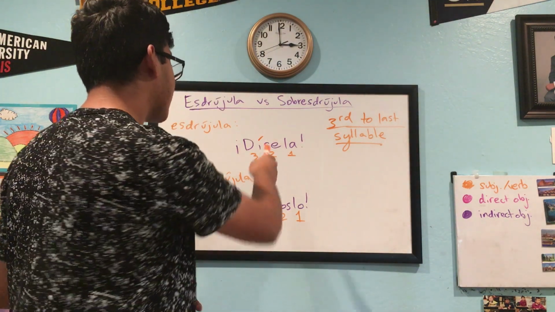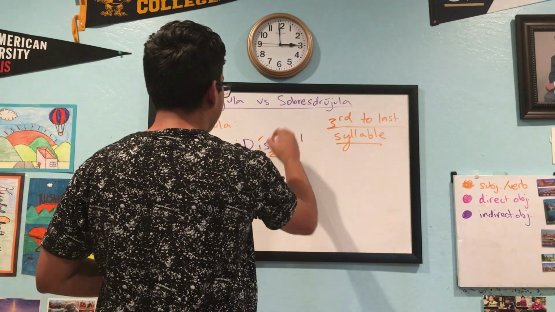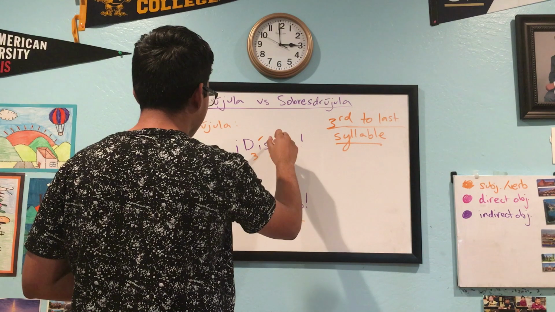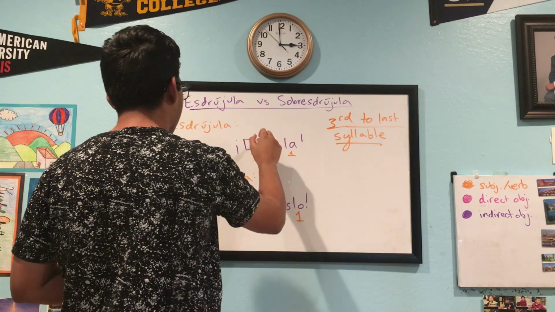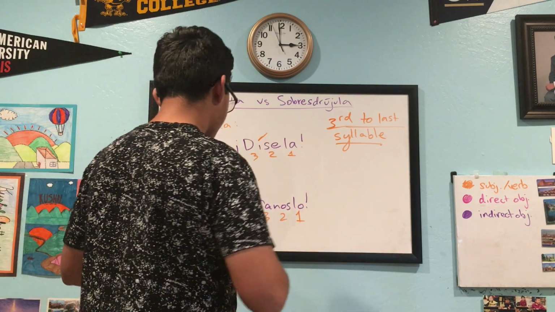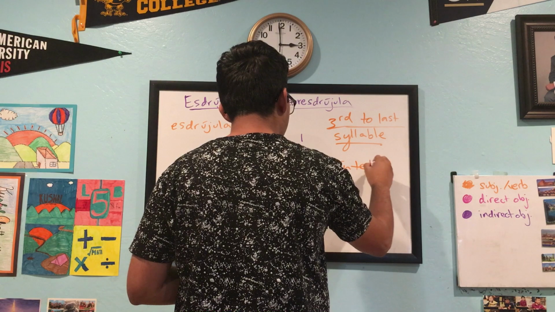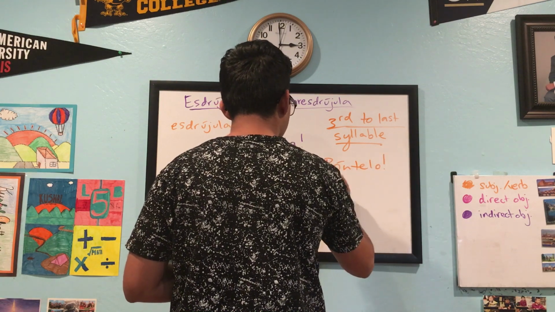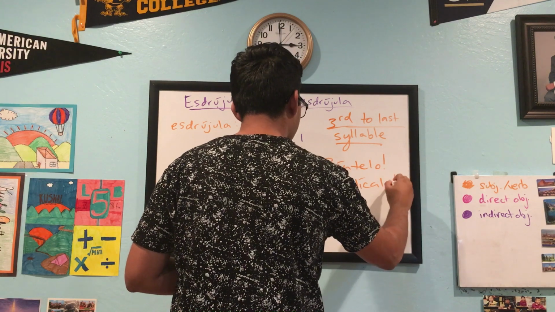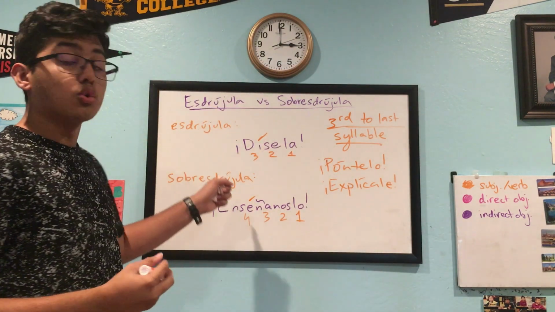For example, dísela, what we just covered, is esdrújula. Why? Because la is the first syllable from the last, so it's the last syllable. Se is the second to last, and di is the third to last, so we'll put the accent there. So it sounds like dísela. Some other examples include póntelo, explícale, and so on. A lot of verbs are esdrújula.